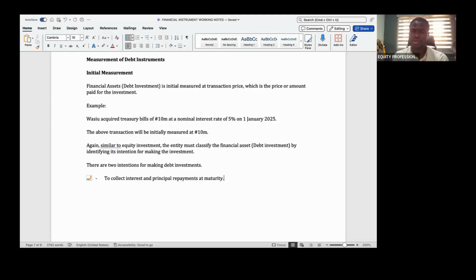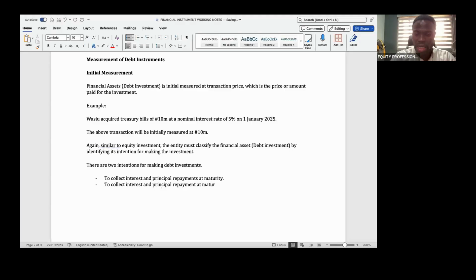I mean, if they say maybe it's 20% per annum, then people will key into it, majorly to collect interest. And then at maturity, you get your principal. Number two, to collect interest and principal repayment at maturity.